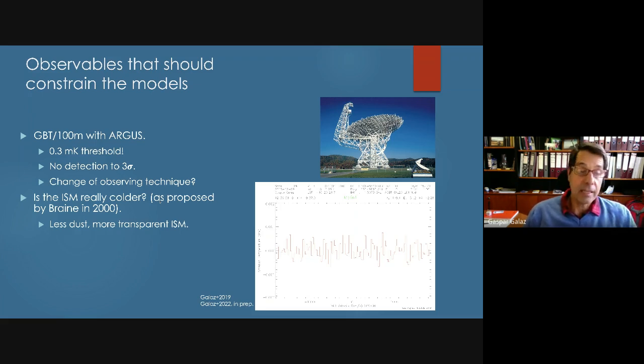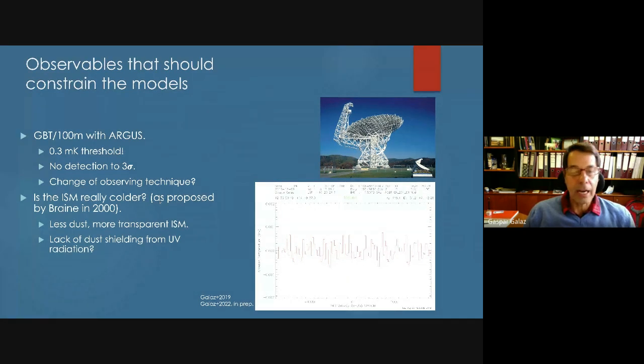Some people, and I support this idea, think that given that this galaxy is very diffuse and there is almost no dust in this galaxy, perhaps the ISM is quite transparent, and then the ultraviolet radiation can really reach very far distances. And in general, because of that, the ISM is a little bit warmer than you obtain in typical galaxies.